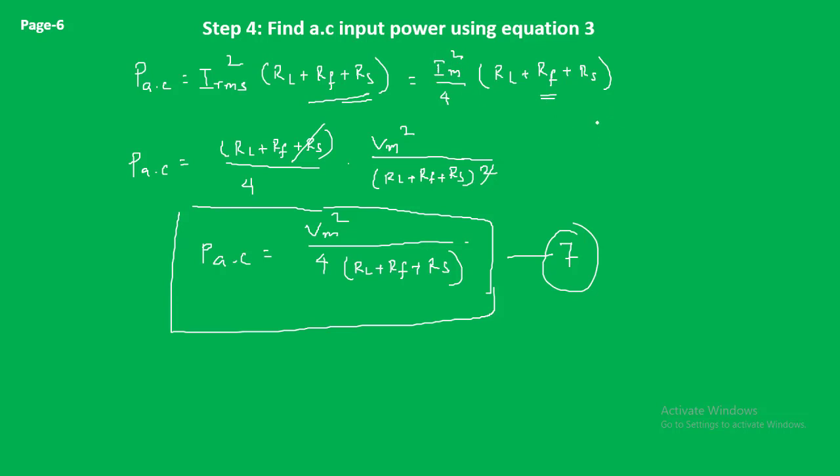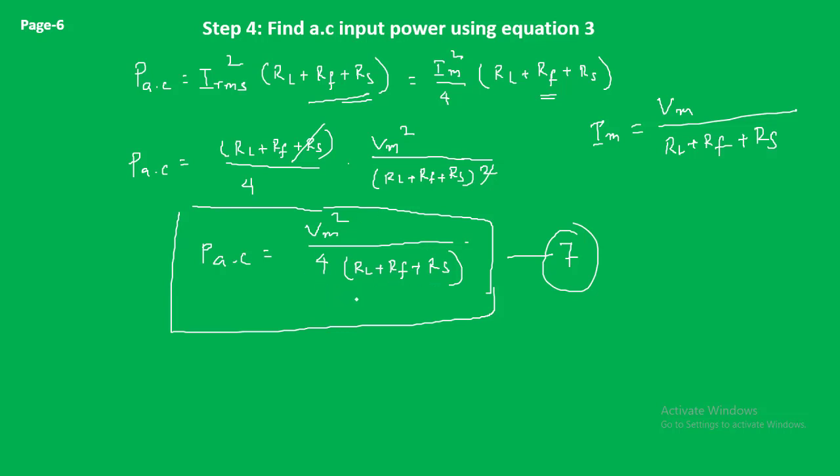Earlier also we have seen Im is equal to Vm divided by RL plus RF plus RS. Substituting this and simplifying, we get the average input AC power as Vm square divided by 4 into RL plus RF plus RS.